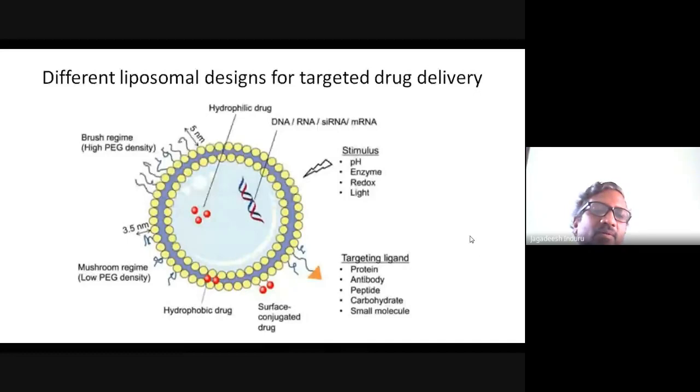If you see in the center, you have 3 red dots. They are the hydrophilic drugs, entrapped in the water inside the liposome. This is a good site for drugs that are hydrophilic in nature, and they are sheathed with the lipophilic membrane.